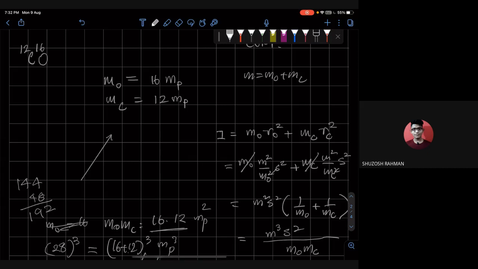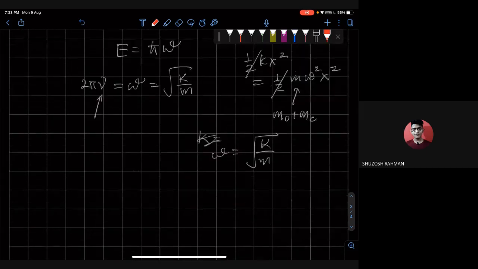Say this is particle 1, let's call it r_O, and this is r_C, and then we have the center of mass somewhere here.